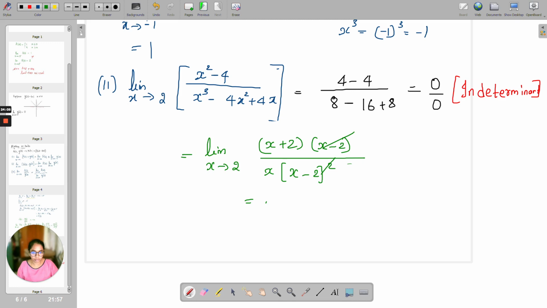So I would get 4 divided by 0, because 2 minus 2 is 0. What would this be? Anything divided by 0 is not defined, so 4 divided by 0 is infinity.